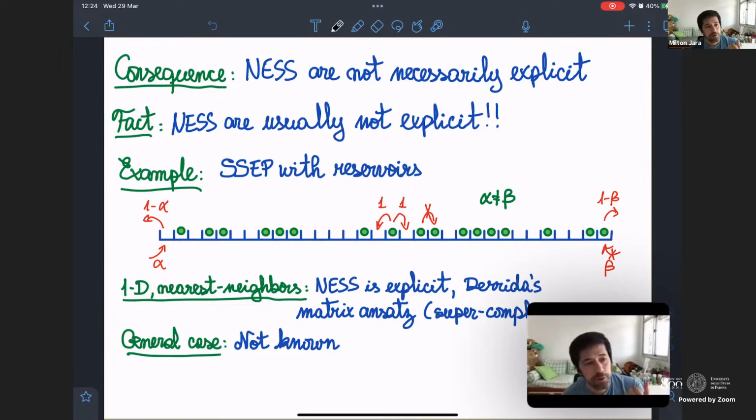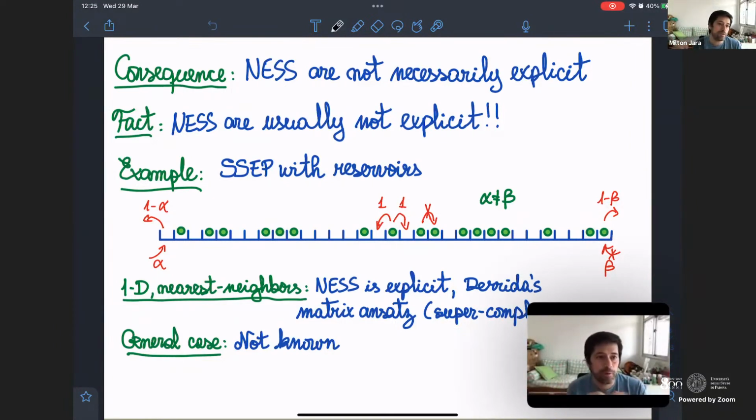So one way to take the system out of equilibrium is to introduce reservoirs. That's one possibility; there are other possibilities. I'm just taking reservoirs because it's the simplest one to visualize. So here in my picture, I'm putting reservoirs at the boundaries of an interval.